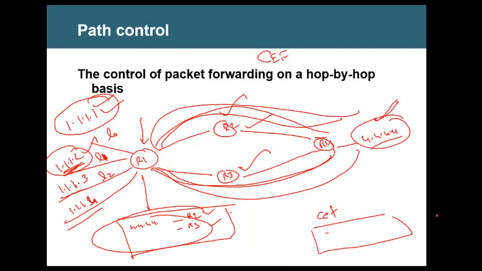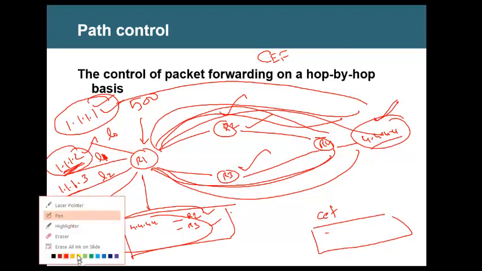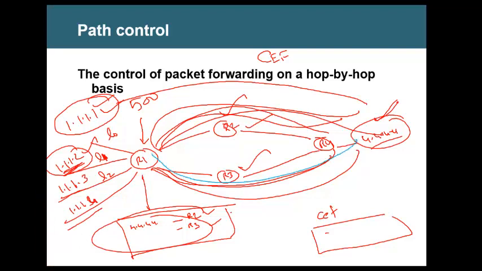CEF will not take the traffic from one source to a destination and share it. Let's say if I have 500 packets to send, it is not going to send 250 via router 2 and another 250 via router 3. No, it's not going to do that. It's not going to share a traffic's load on two different paths. It is going to be based on the source and destination.